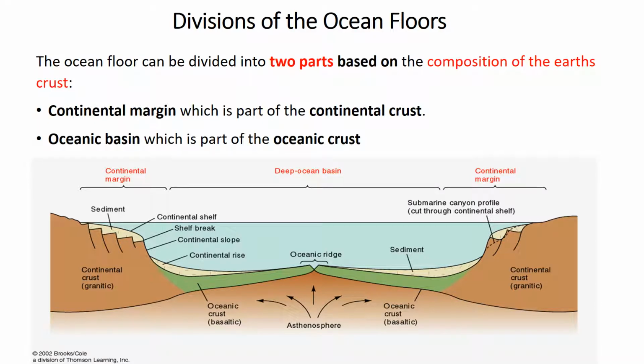So the ocean floor can be divided into two parts, continental margin and oceanic basin, based on the composition of the Earth's crust. Clear? I hope it's clear. If you have any questions, you can ask me on WhatsApp.